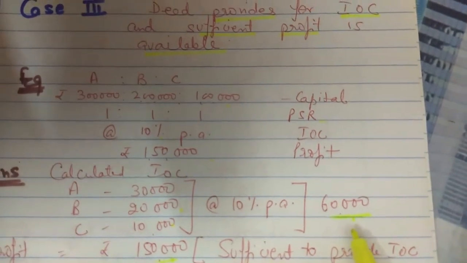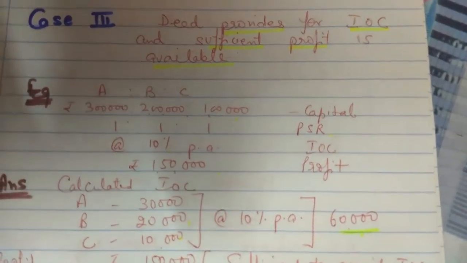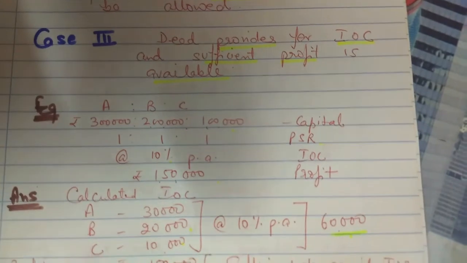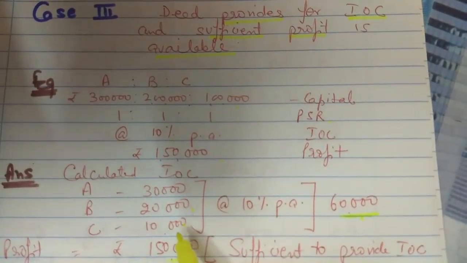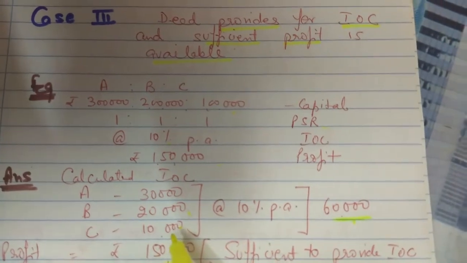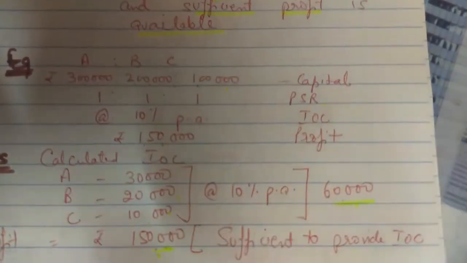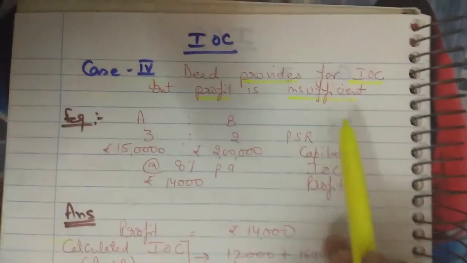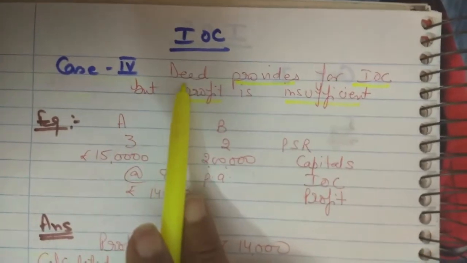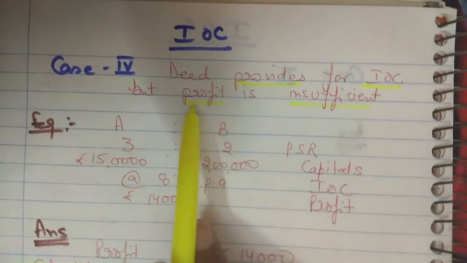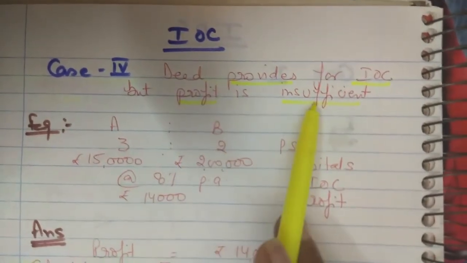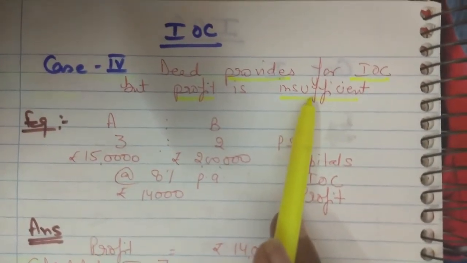In this case, because sufficient profit is available, we can give the respective amount of interest on capital to all the partners. Now, fourth and the last case is the partnership deed provides for IOC but profit is insufficient.